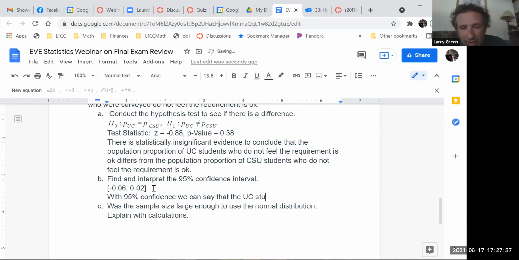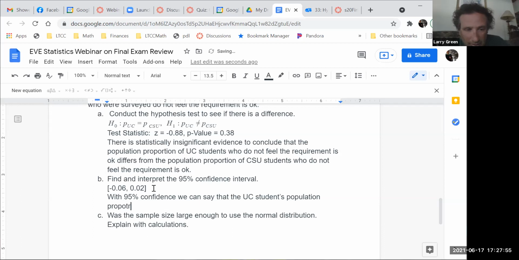UC students' population proportion who do not feel the requirement is okay.